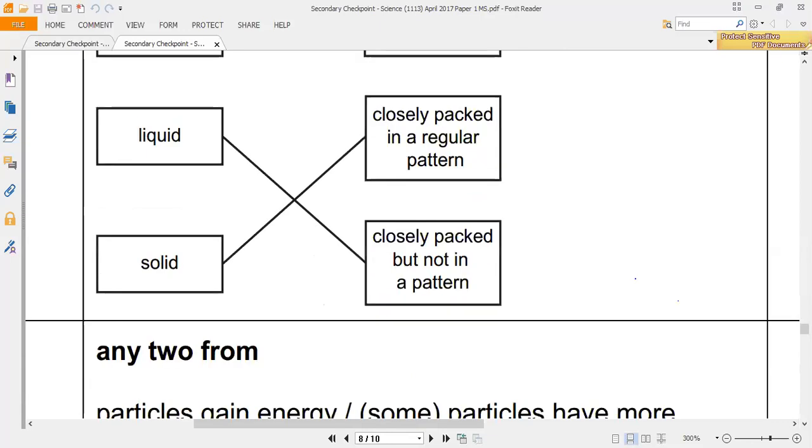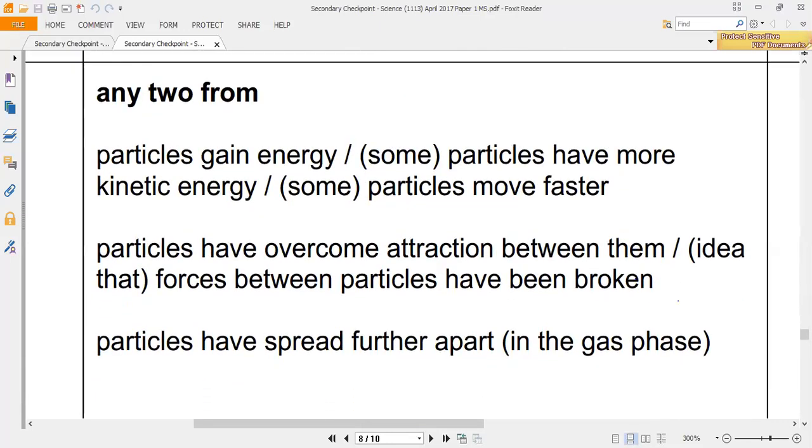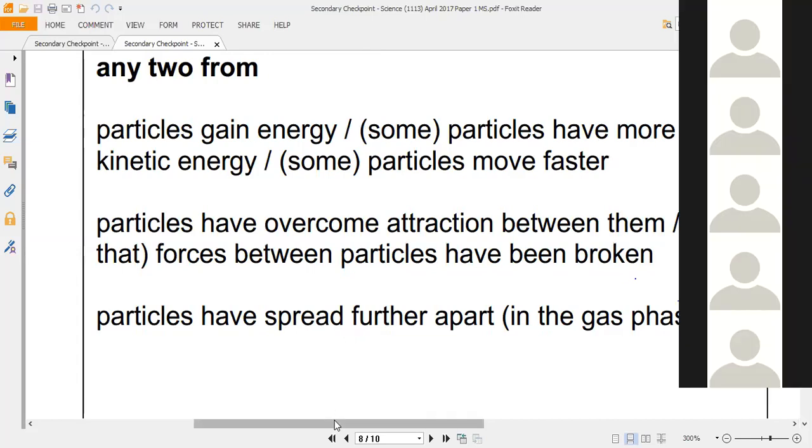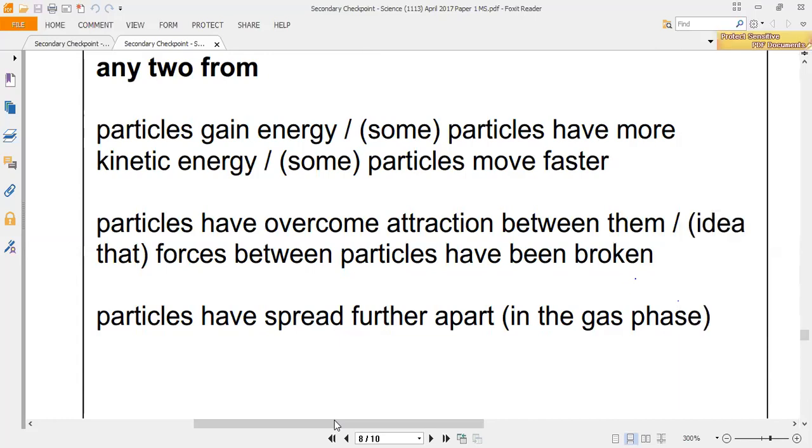In the answers, if you are right, any 2 of those answers, you will be graded for the 2 points. Particles gain energy. Some particles have more kinetic energy. Okay, some particles are going to move faster. Also, particles have overcome the attraction between them due to the kinetic energy or the heat energy given to them.